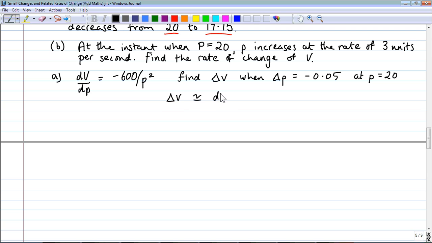So let's apply the formula. Delta V is approximately dV by dP at the initial value times delta P, which is minus 600 over P squared times minus 1 over 20.